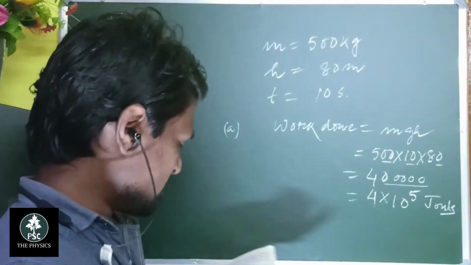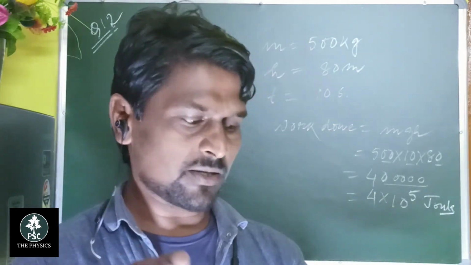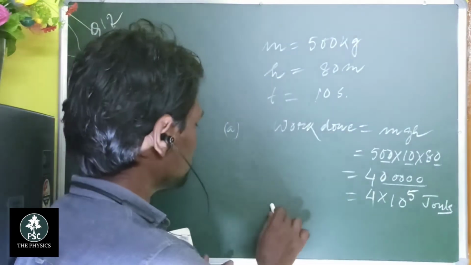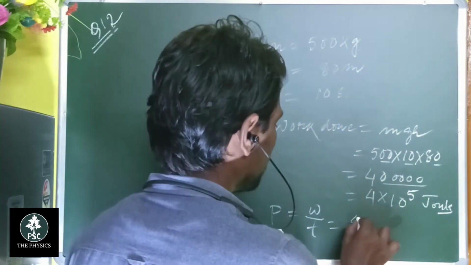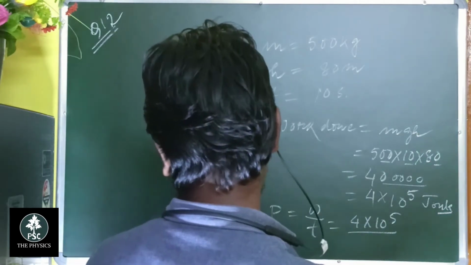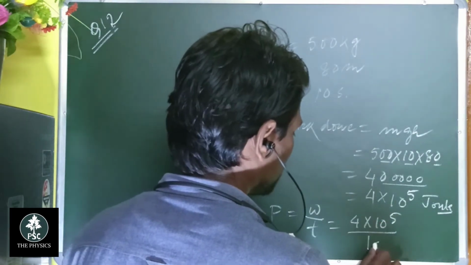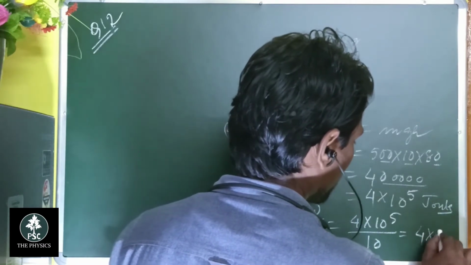So that is the work done by the pump, and now the power at which the pump works. Power is equal to work done by time, students. The work done is 4 into 10 to the power of 5, and the time is given as 10. So you can write 4 into 10 to the power of 4 watt.